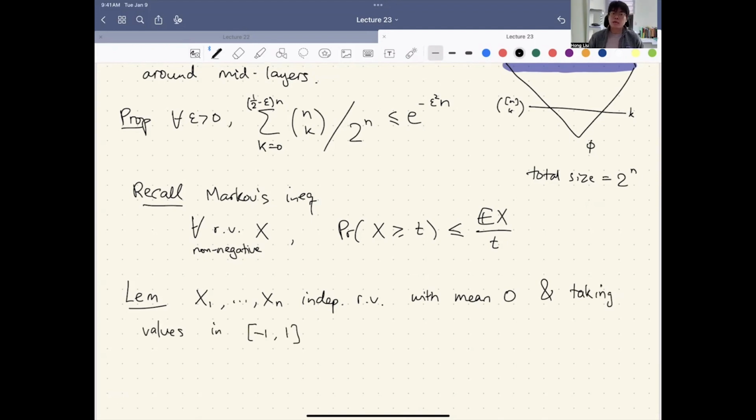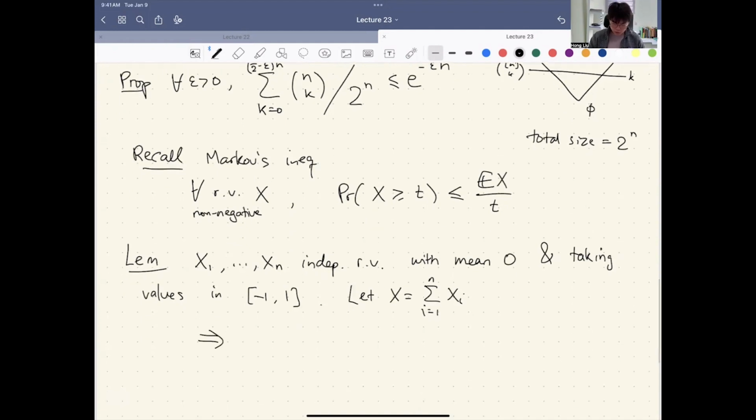So each one of them in absolute value is at most 1. Now let x be the sum of xi. We want to bound the probability that x is large.